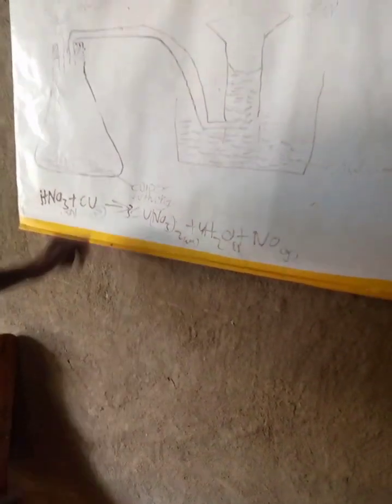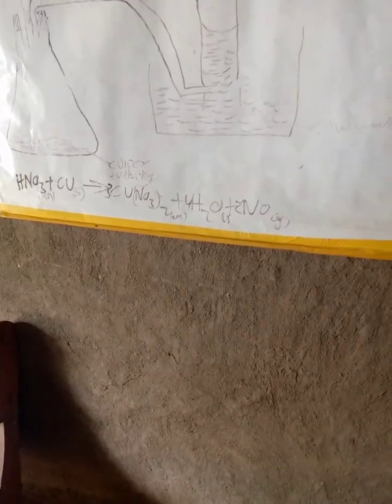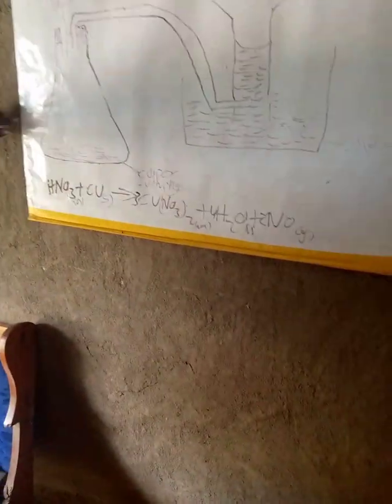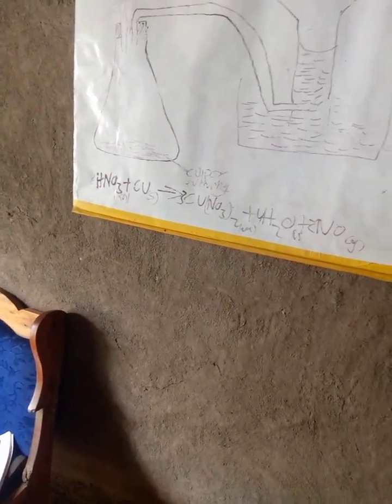Here is 4, then here is 2. The equation is well balanced. You should also put this equation in your mind because it is commonly examined in chemistry exams.